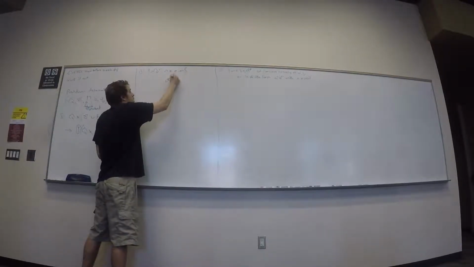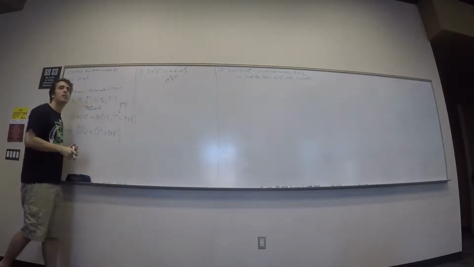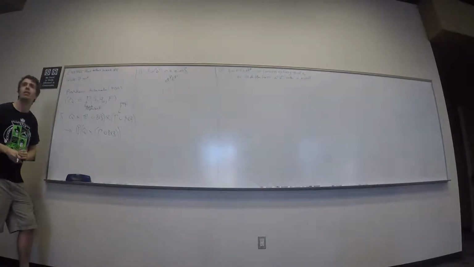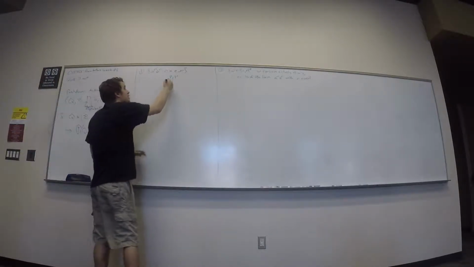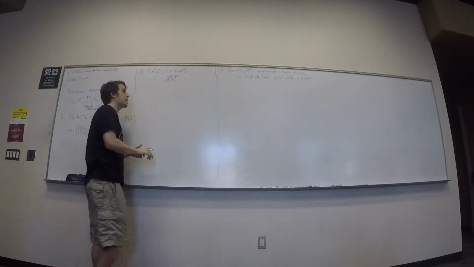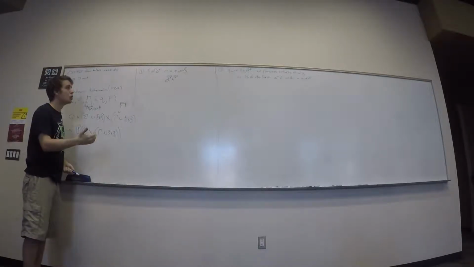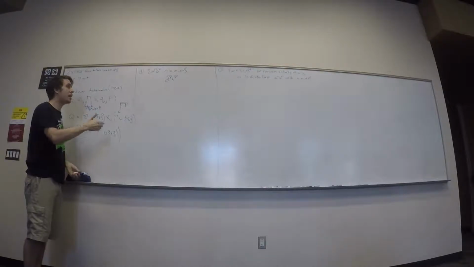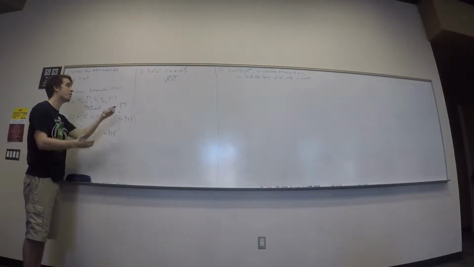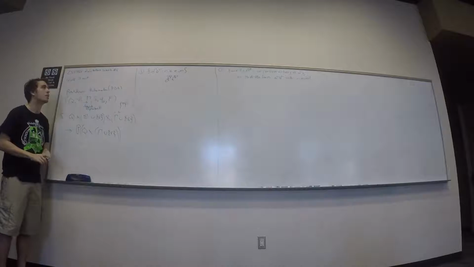If I pick a^p b^p, what's the problem there? p could be odd. How can I fix that? 2p is fine. Another one you could do is pick the even integer that's right above p, the closest even integer above p, but either one works here.